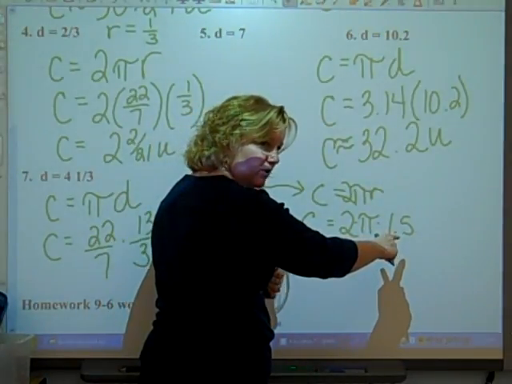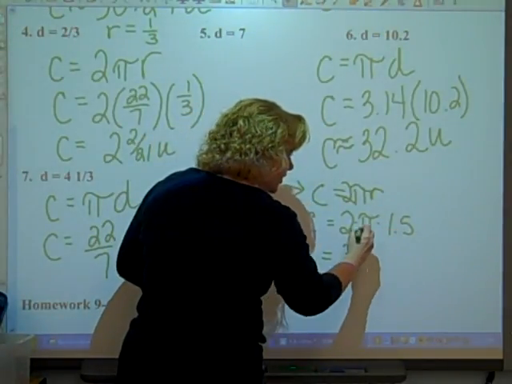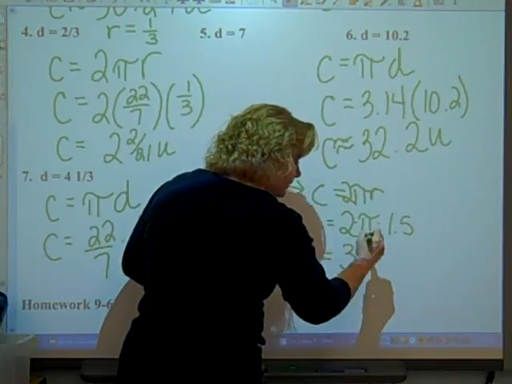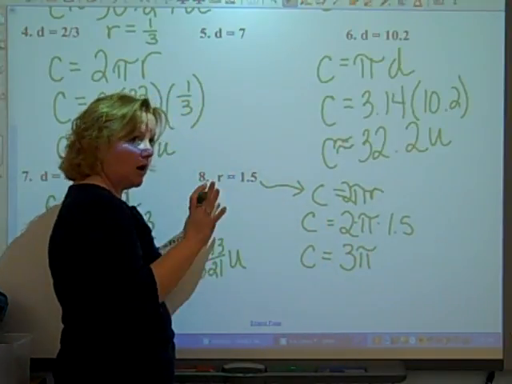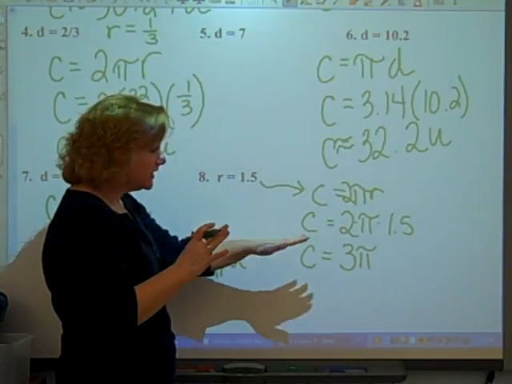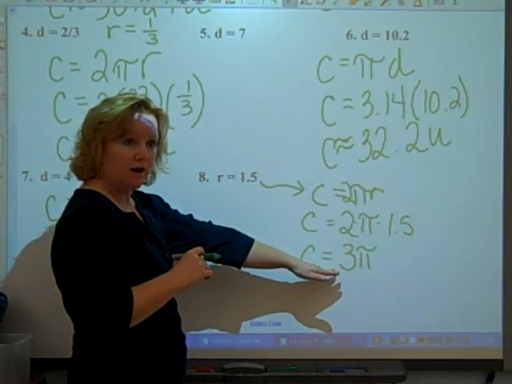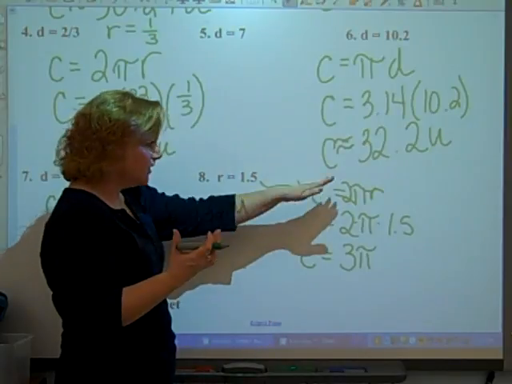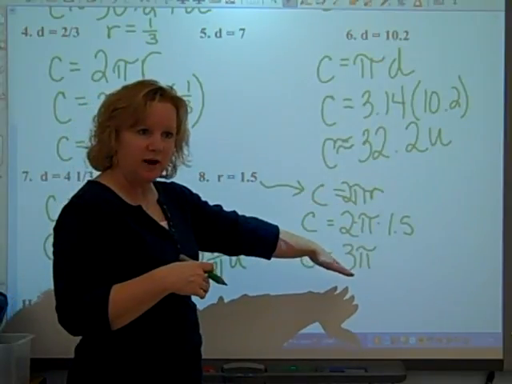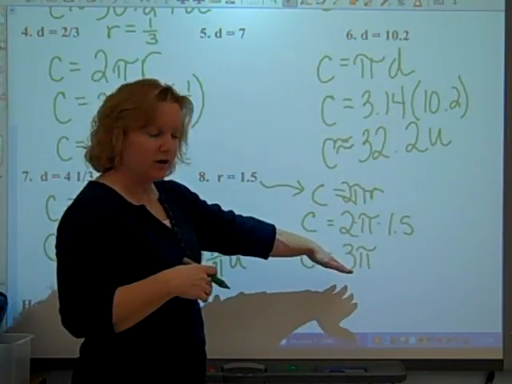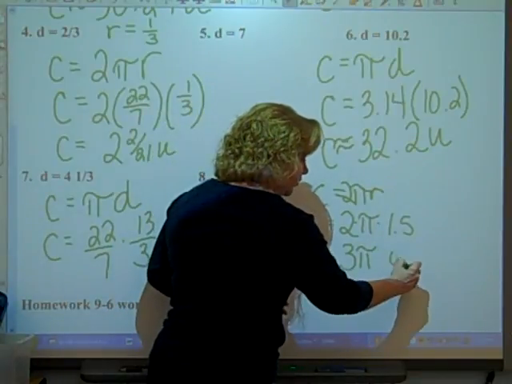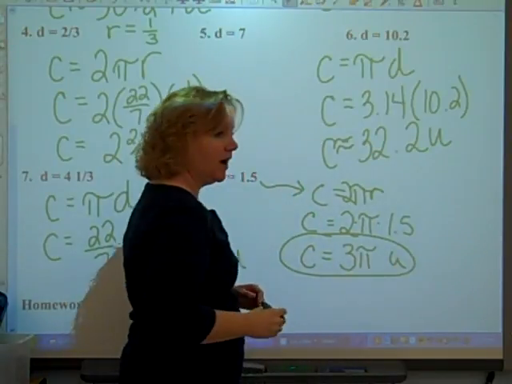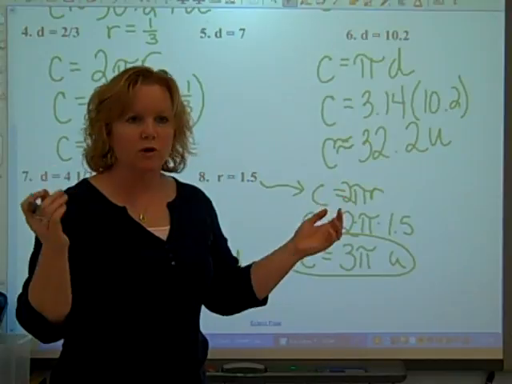So 3 pi. I'm done. This is leaving it in terms of pi. Okay? So you may come across that. This way is actually easier. I didn't have to change pi into anything, did I? Okay? So, and then units. So 3 pi, centimeters, meters, whatever.